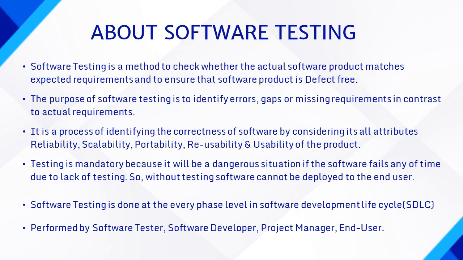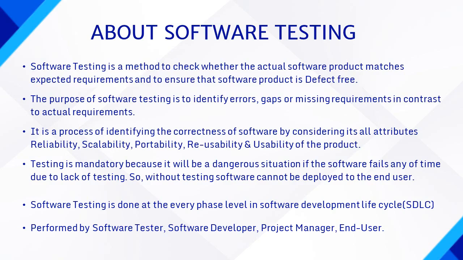Now, let's talk about software testing. Software testing is a method used to check whether the actual software matches the expected requirements and to make sure it is defect-free. The main purpose of testing is to identify errors, gaps, or any missing requirements compared to what was expected.